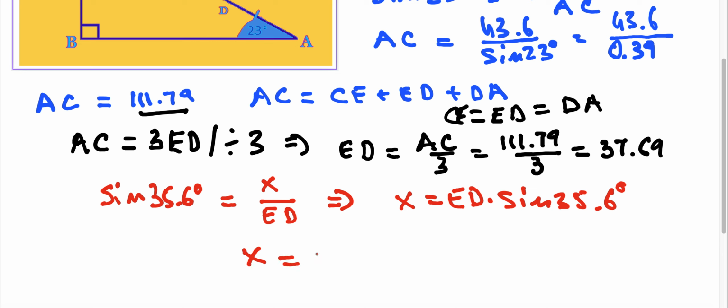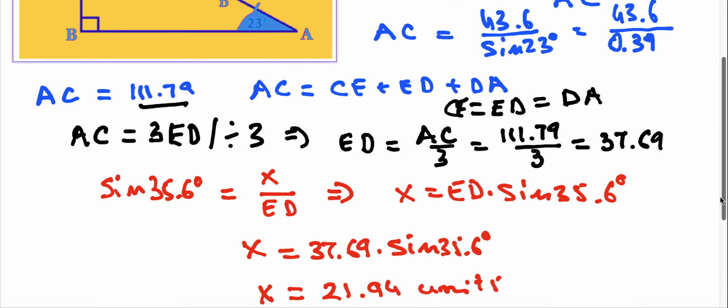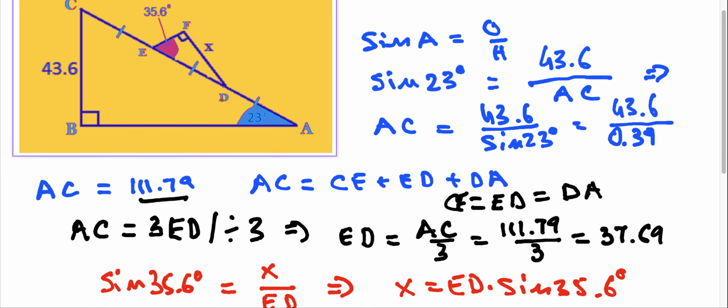So X is equal ED, we already have 37.69, times sine of 35.6 degree. When we calculate everything in a calculator, X turns out to be 21.94 units. And we found the value of X, which is equal with 21.94.